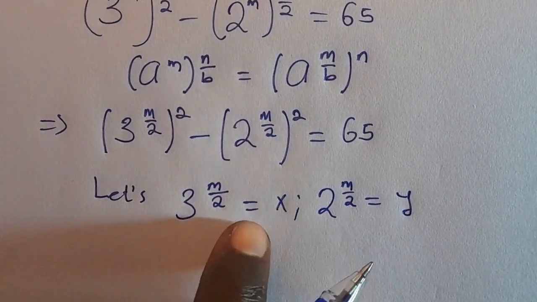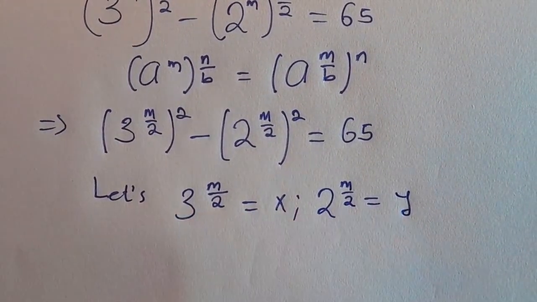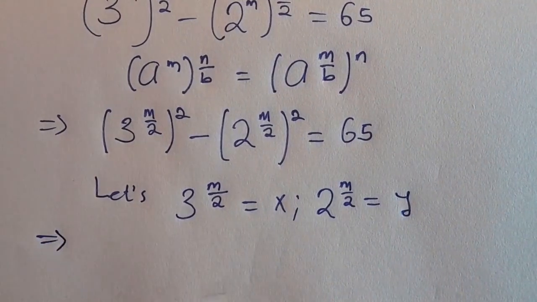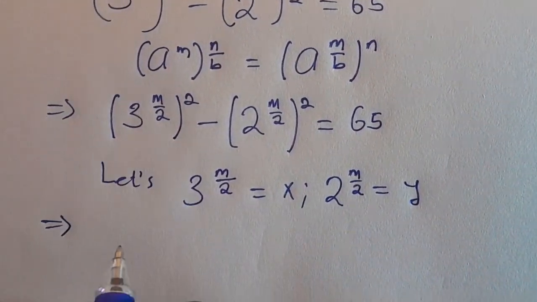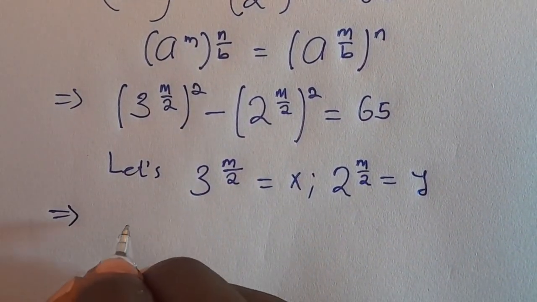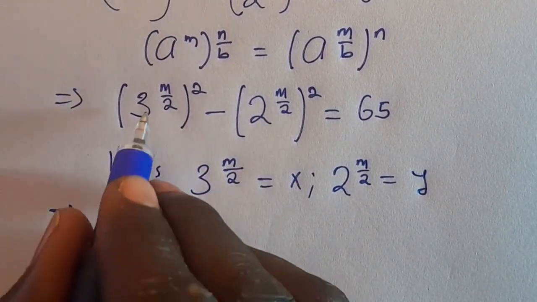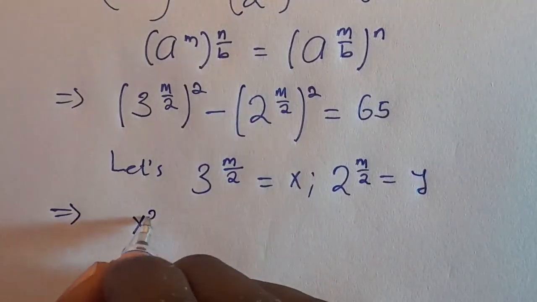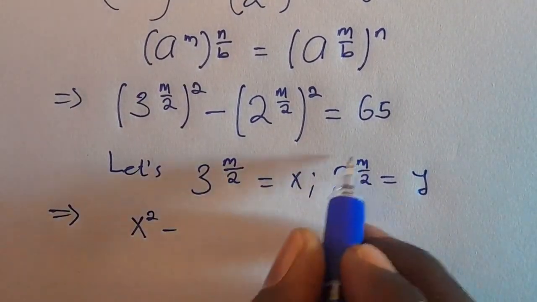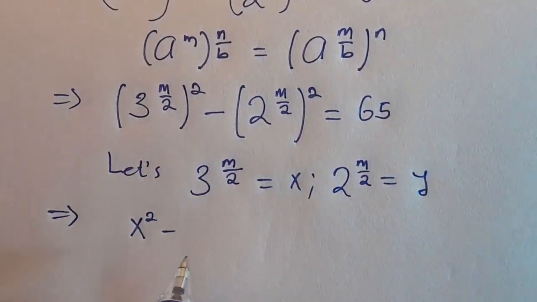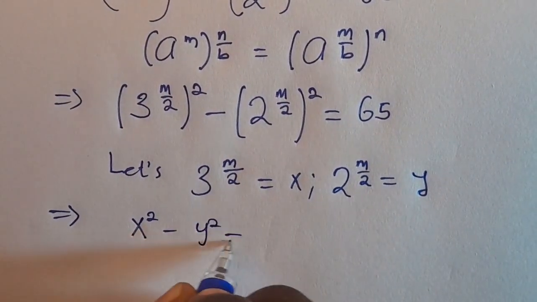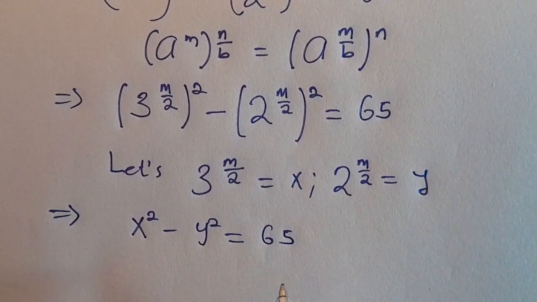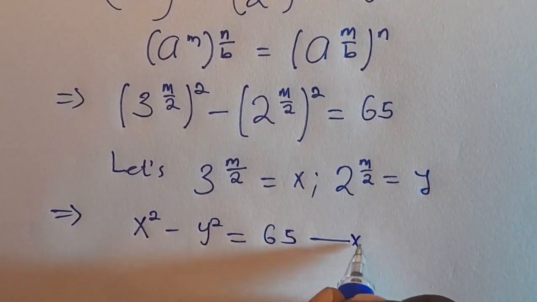So if this equals x and this equals y, we can easily substitute everything here as x squared minus y squared equals 65. We have to take note of this.